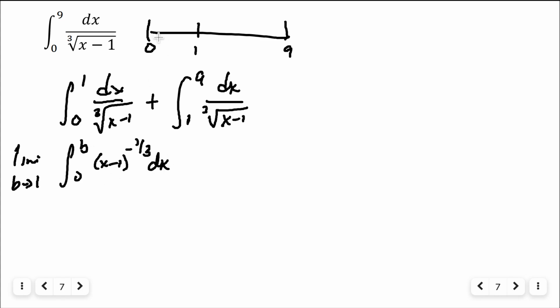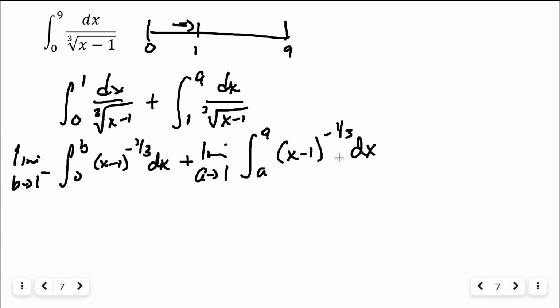And between 0 and 1, you want to approach that way so that you keep your value between 0 and 1. So 1 from the left. And then you're going to have another limit as a goes to 1 from a to 9. Again, it's the same integral that we have to calculate, so that's easy. And then I want to approach 1 from the right to keep myself between 1 and 9.